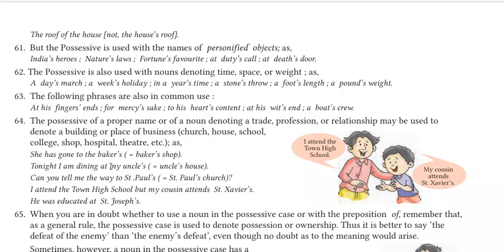Tonight I am dining at my uncle's. Can you tell me the way to St. Paul's? It means St. Paul's Church. I attend the town high school, but my cousin attends Xavier's. He was educated at St. Joseph's. It means the institution's name; we use it in this case as well.